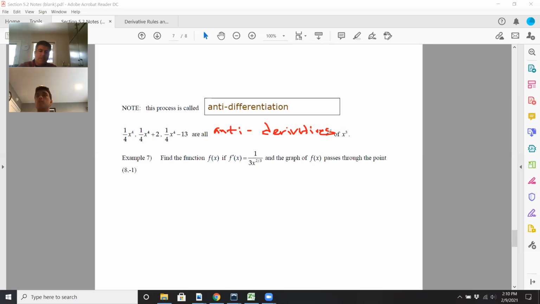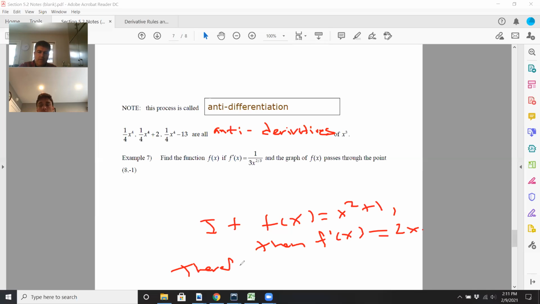Or you could think of it this way. If f of x equals, say, x squared plus 1, then f prime of x equals 2x.